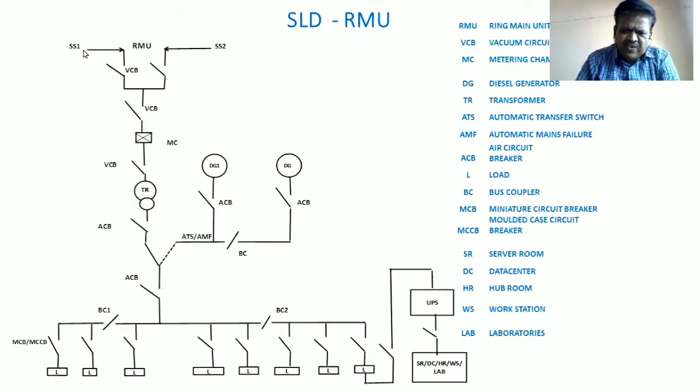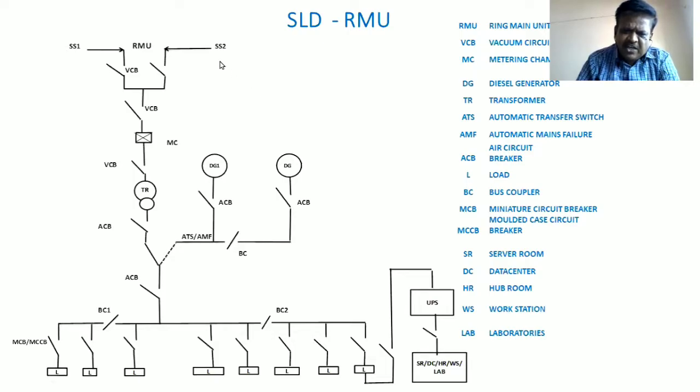So when 2 different substations are feeding 3-phase power to your building, it is your option, your choice. You can connect from this side, or you can connect from this substation. This is an extra privilege facility being given to the HT consumers.